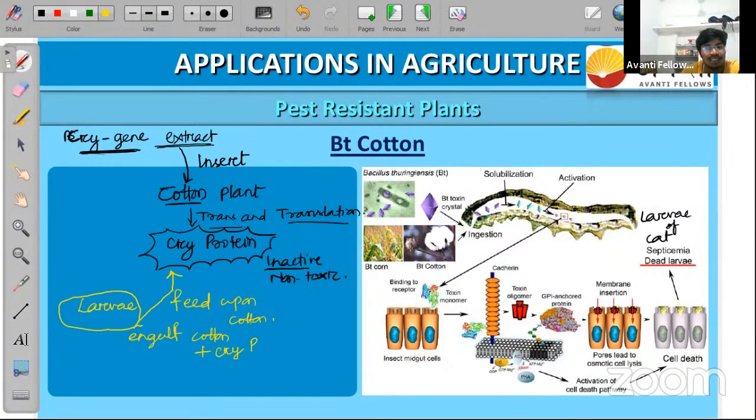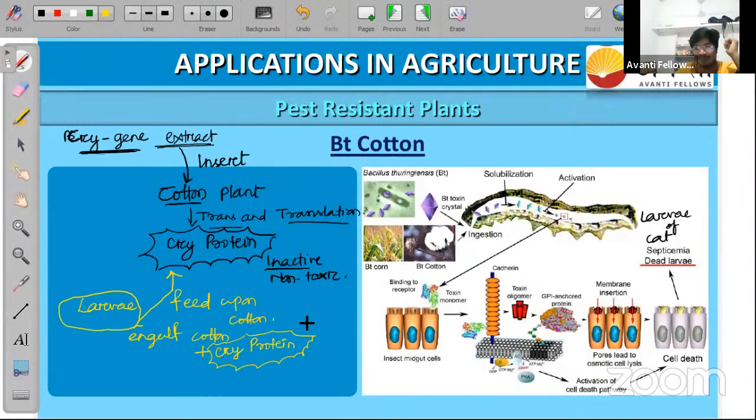Now this cryoprotein was inactive in the plant. But when the larva is feeding upon the cotton plant, along with that cotton plant, cryoprotein is also going inside the larva.